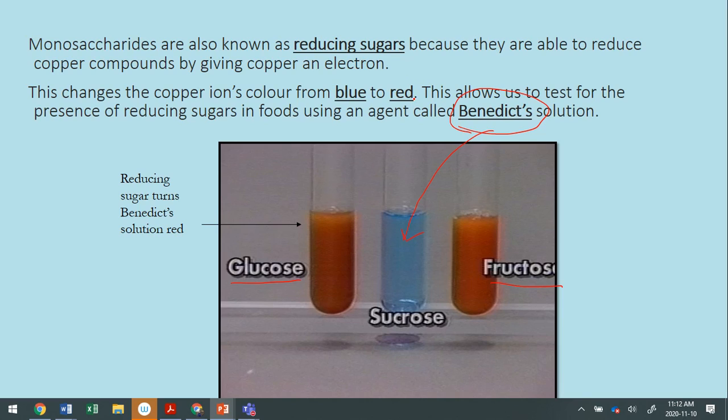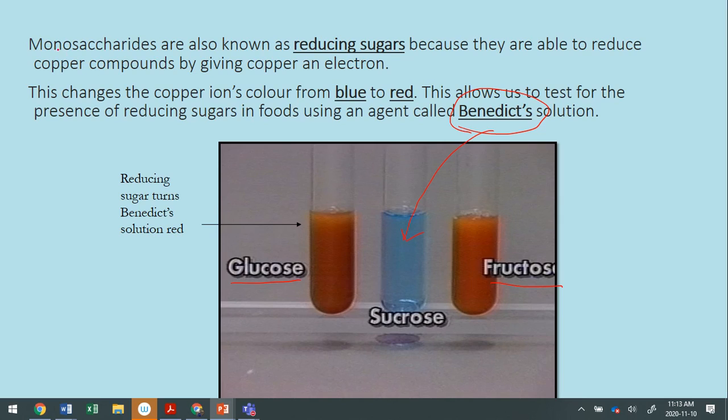All right? So if you put Benedict's into a sample and it stays blue, there's no reducing sugars in there. There's no monosaccharides. If it turns red or orange, then you know you have simple sugars like glucose or fructose in that sample. Okay? And that's Benedict's solution.